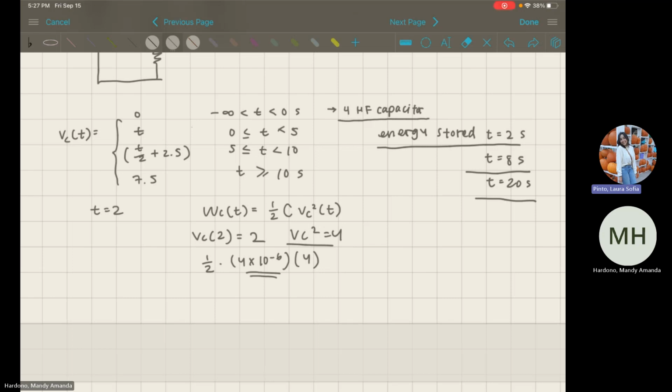And this is micro, because it's 4 microfarads, so it's 4 times 10 to the power of -6. And then we said VC squared is equal to 4, so that's why we're putting it here, since the equation is 1/2 times capacitance times VC squared.